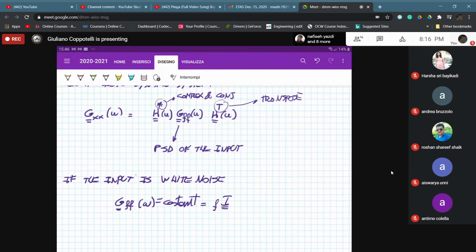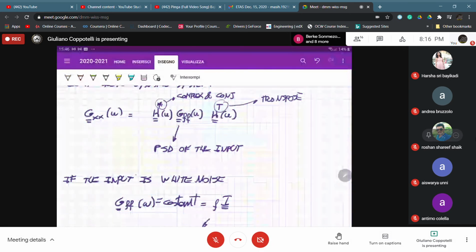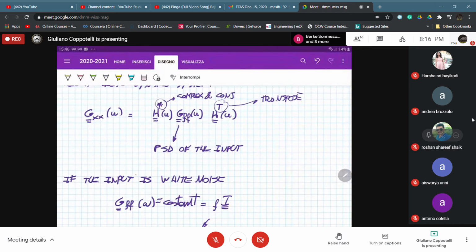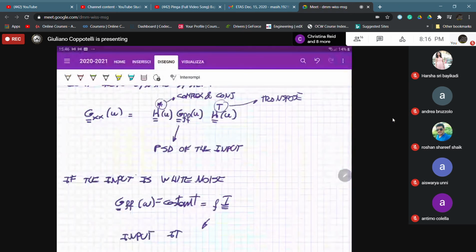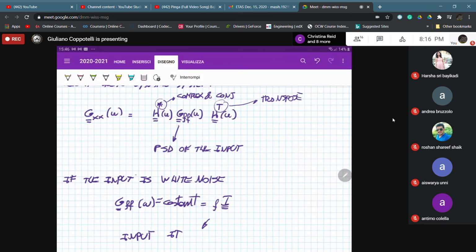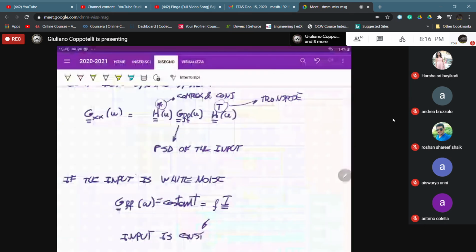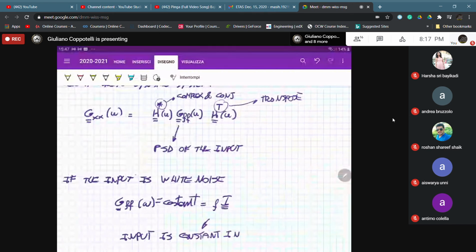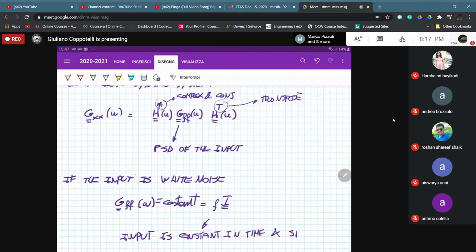There is no dependence in the frequency domain. So that means the input is constant in time and space.